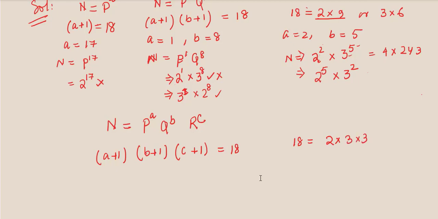Okay, so from here we can see that a could be 1, b could be 2, and c could be 2, right? As I told you, if we want the smallest number, then the biggest prime number should be given the smallest power, and the smallest prime number should be given the highest power.